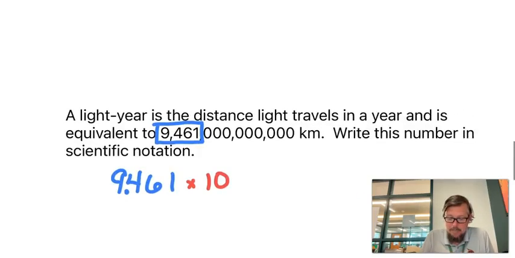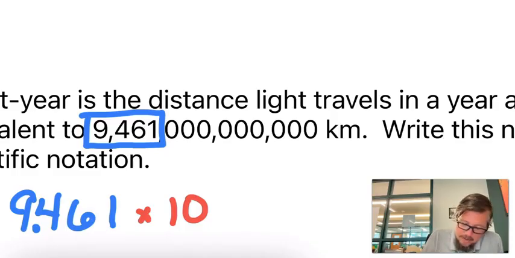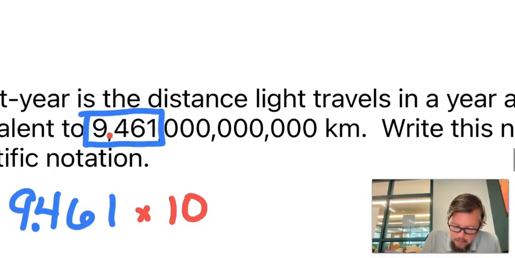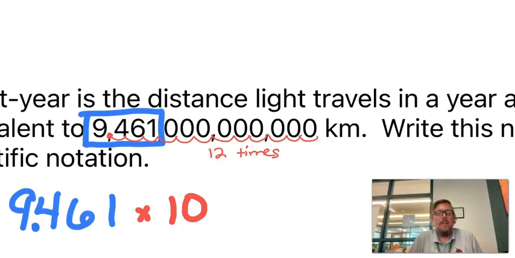Let's see what the power is going to be. It's going to be a huge one because we have to move the decimal a lot of times. If we started between the 9 and the 4, how many times would we have to move it? 1, 2, 3, 4, 5, 6, 7, 8, 9, 10, 11, 12 times we would have to move the decimal, or 12 times we multiply by 10 to get from 9.461 to 9,461 billion.